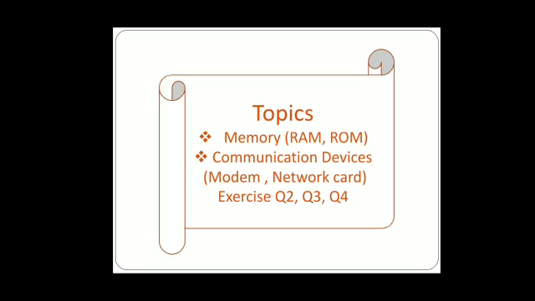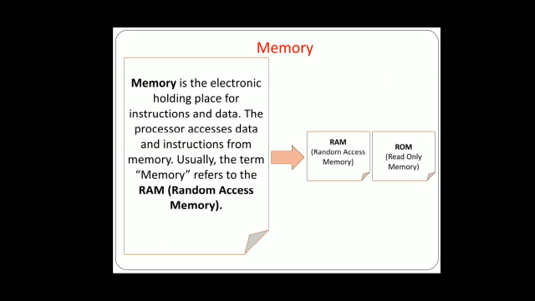Sometimes we are talking about that our computer memory is getting very low. So it means our RAM is getting low. Generally we are talking about RAM. So what is a RAM? RAM is a memory. It is the electronic holding place for instructions and data.